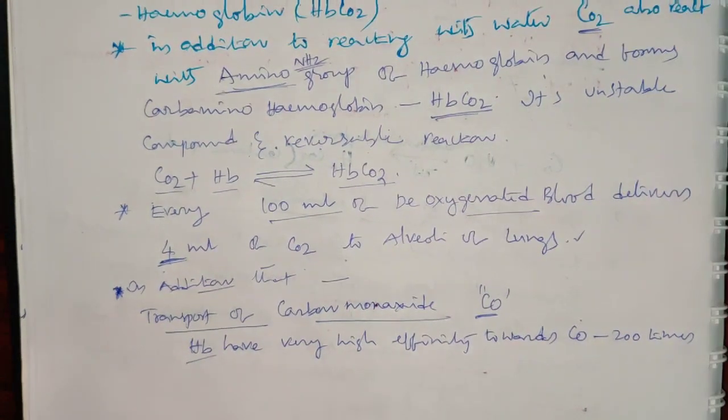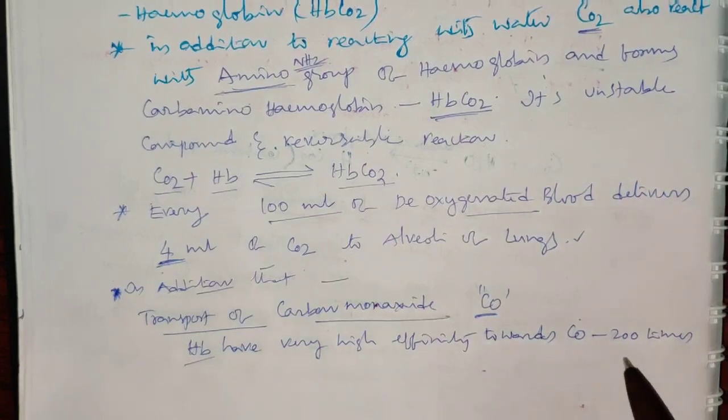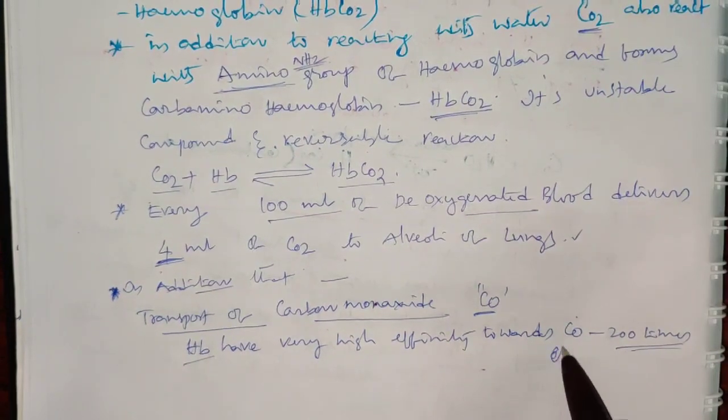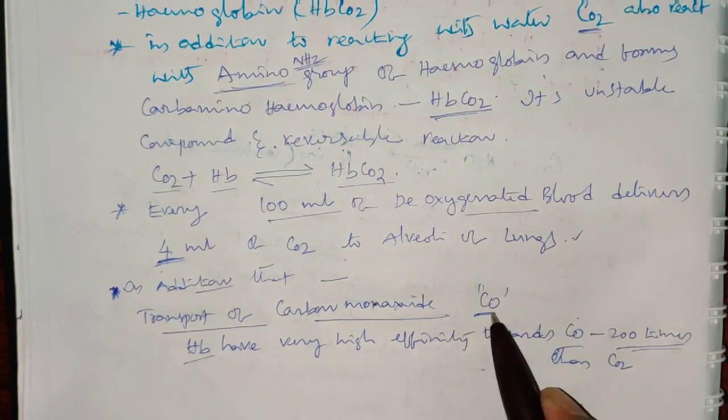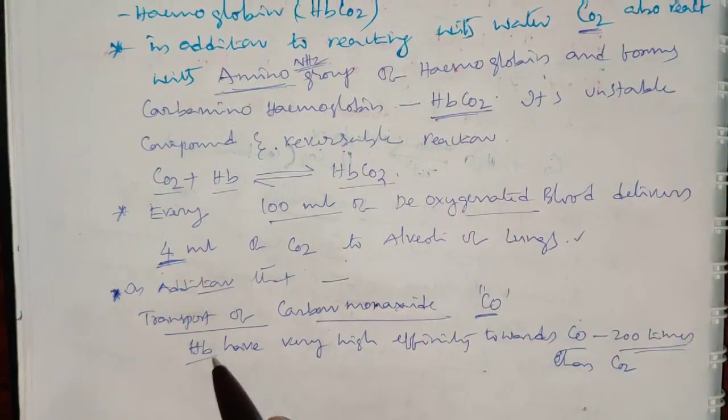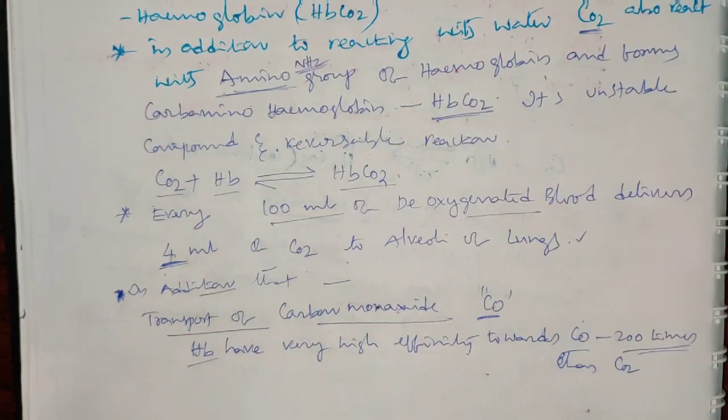The affinity of carbon monoxide for hemoglobin is more than 200 times that of carbon dioxide.